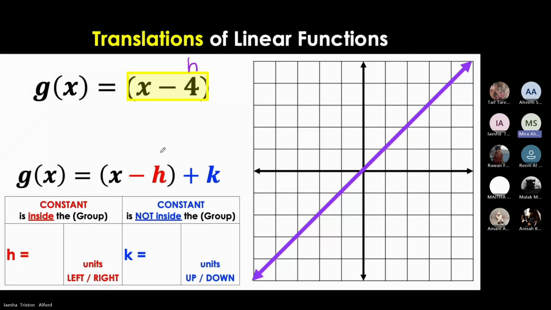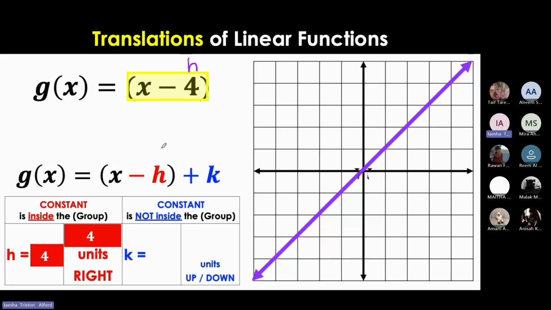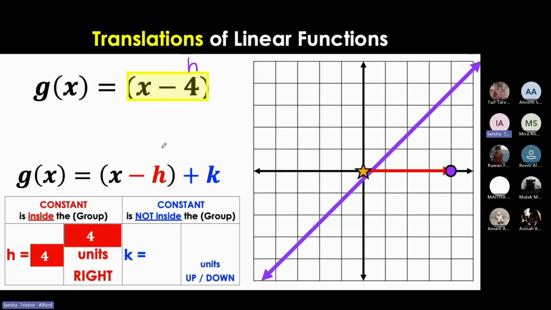I see negative, but it is positive 4. Correct. So we're going to go 4 units to the right. The line is starting here. We're going to move it 4 units to the right. Everybody's okay about h? That's it.